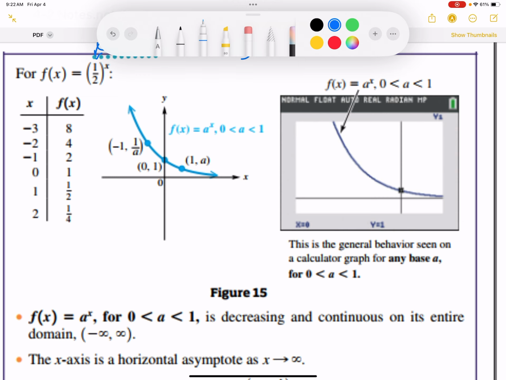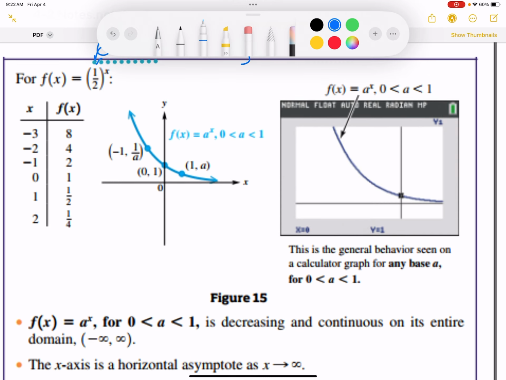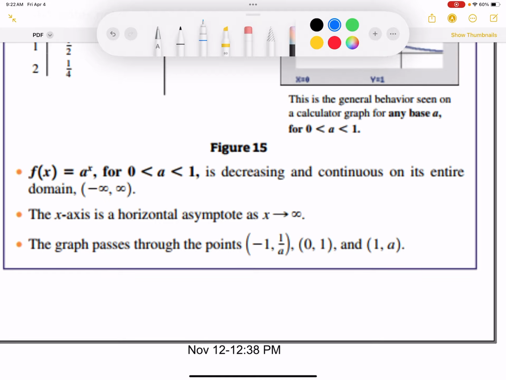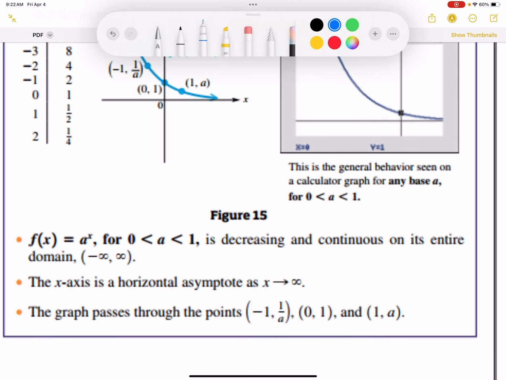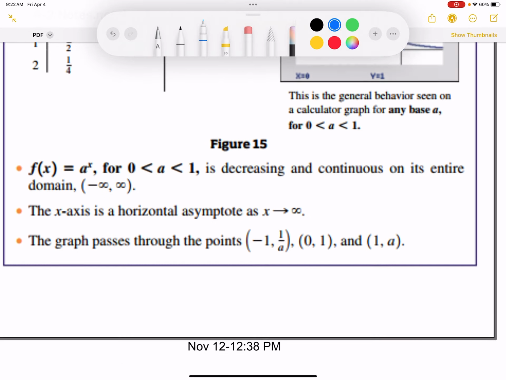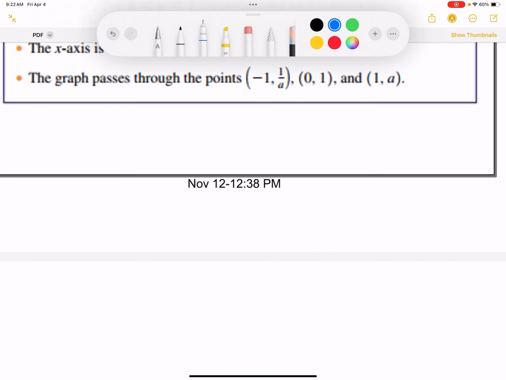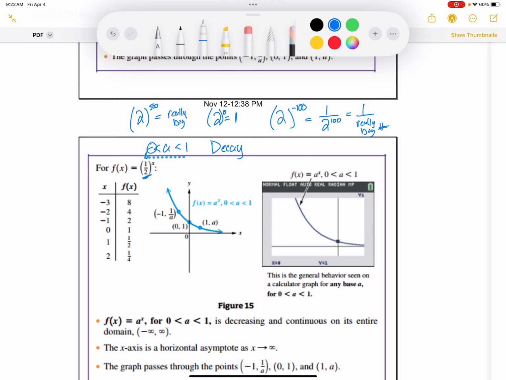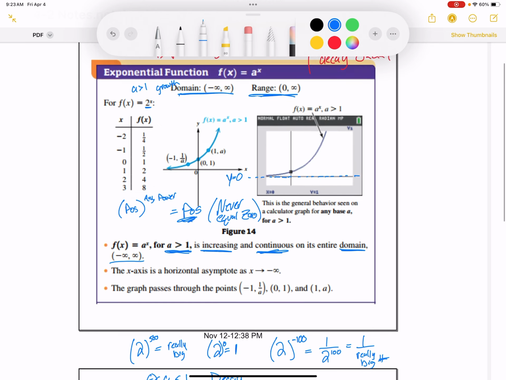Domain and range is still the same, but the graph, instead of going up from left to right, is going down from left to right. And you still have the same points as before it goes through. So it's just the trends, right? When this is 1/2 and that was 2, right?